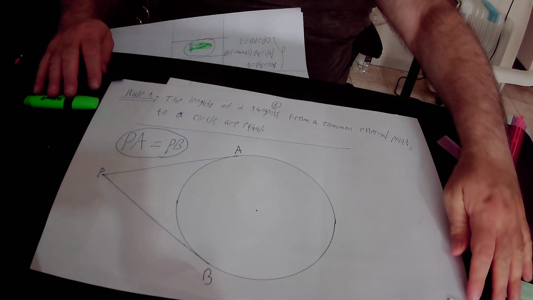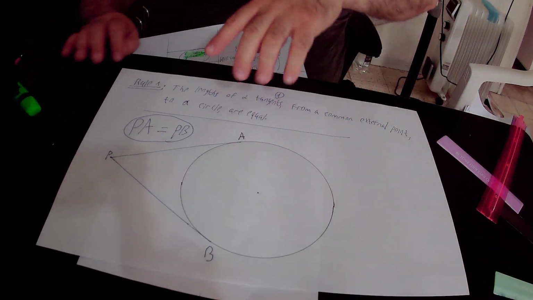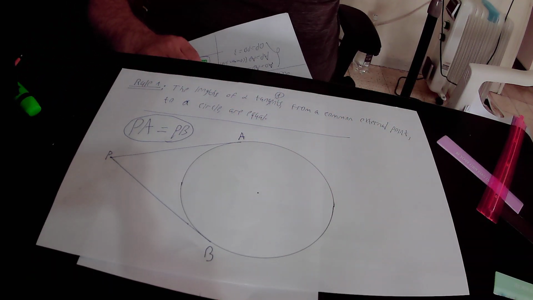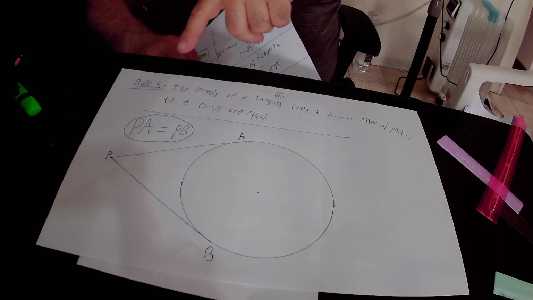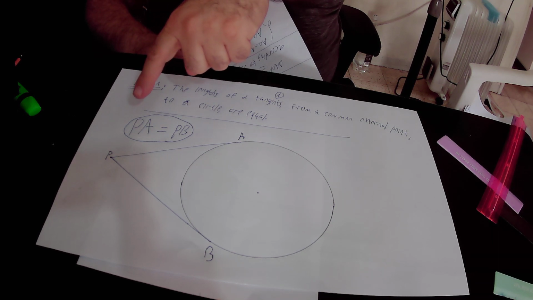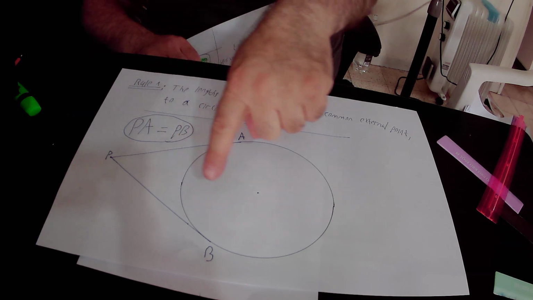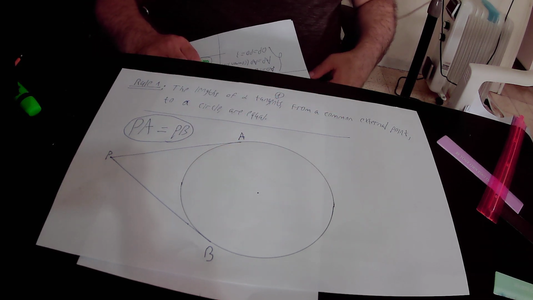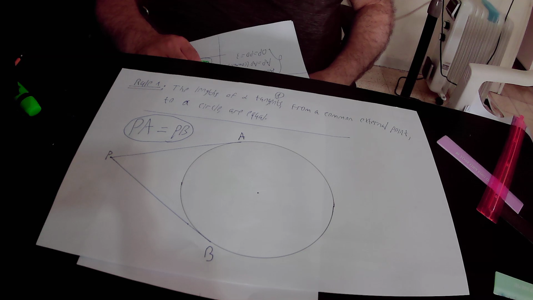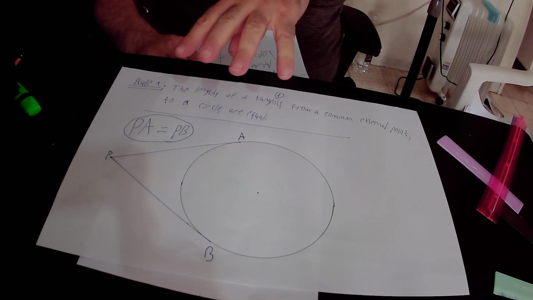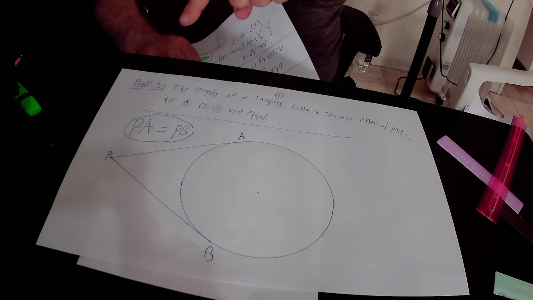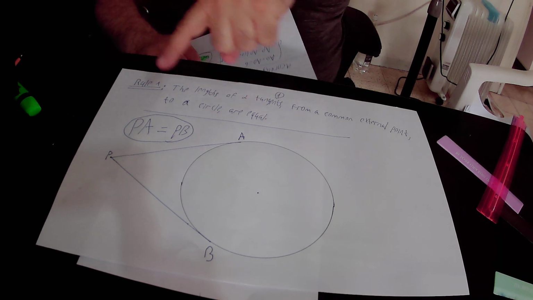So if we have this circle and point P is an external point of this circle, and from point P we draw two tangents to this circle, the first tangent is PA and the second tangent is PB. Then whenever you draw two tangents to a circle from a common external point, the lengths of those two tangents will be equal to each other. In this case, PA equals PB.